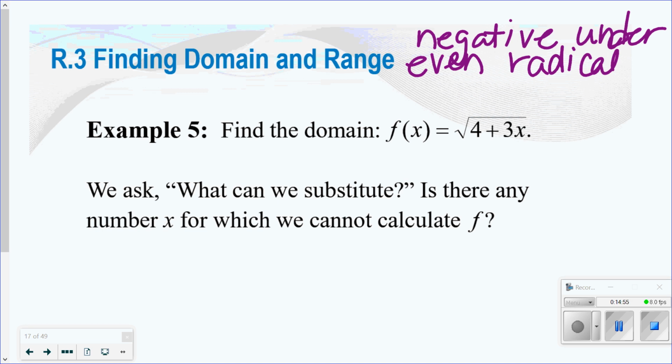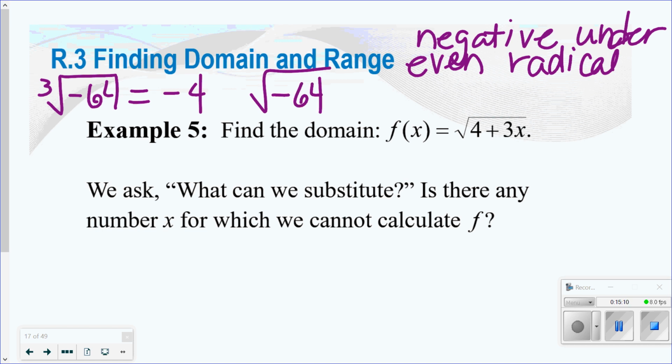You cannot have a negative under a square root. Okay, so you can take the cube root of negative 64 equals negative 4. The square root of negative 64 is not a real number. And in this class, we're only using real numbers.